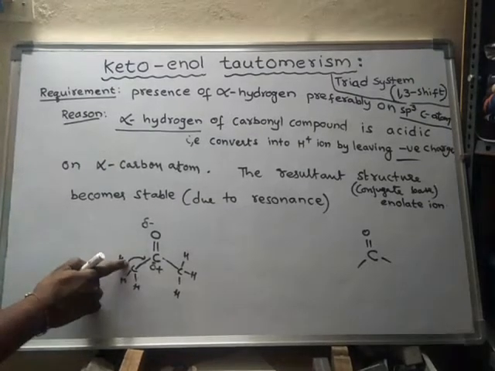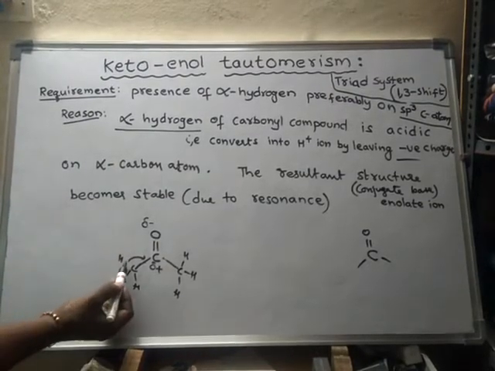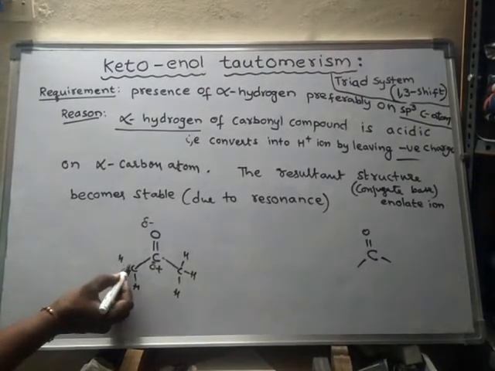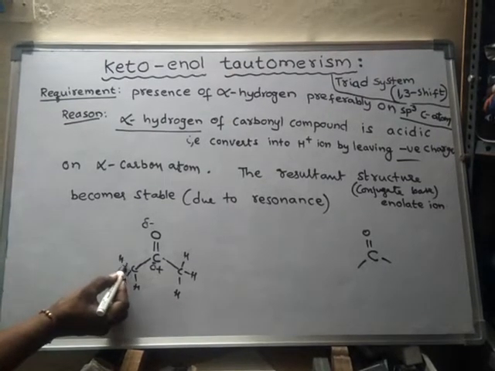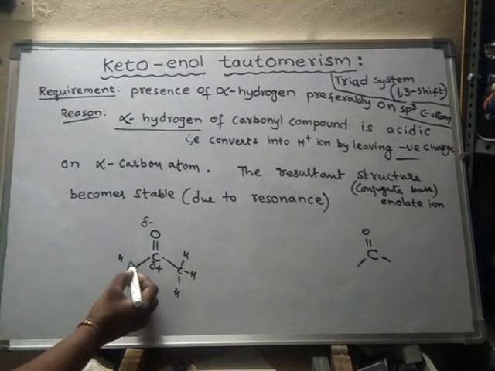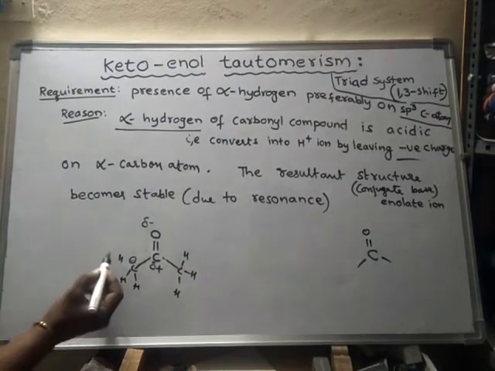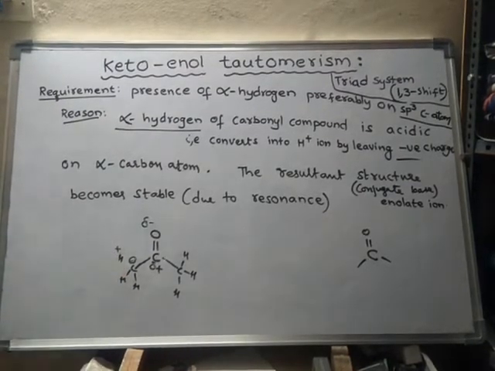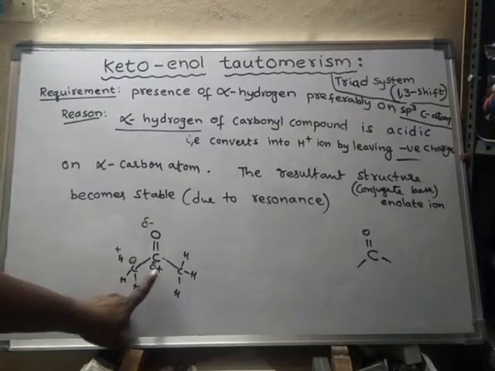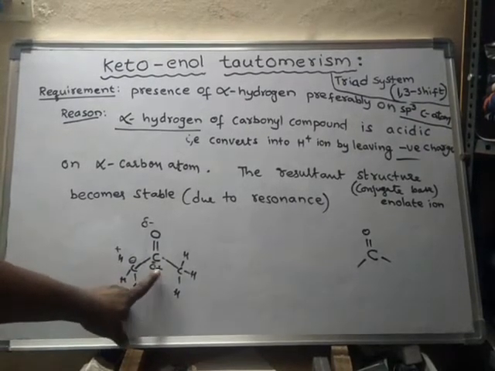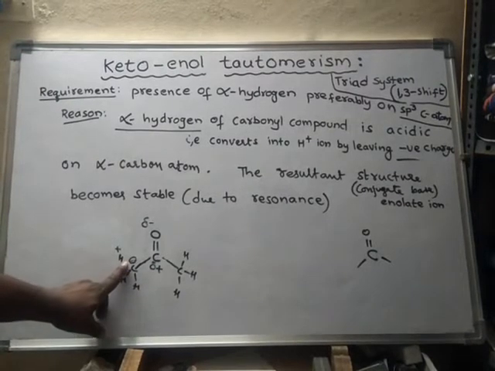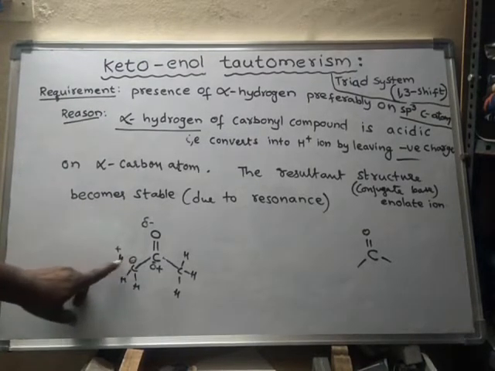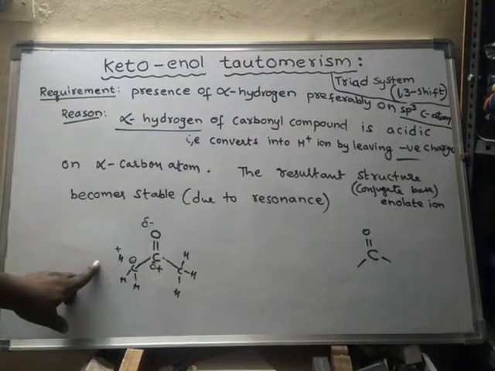So this bond is broken, the 2 electrons of this bond will move to this carbon, and this hydrogen will become H plus. Because of the partial positive charge on this carbon, this bond will try to break down, and this carbon will get a negative charge, and this hydrogen will become an H plus ion.